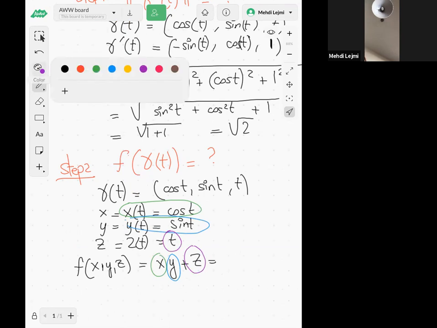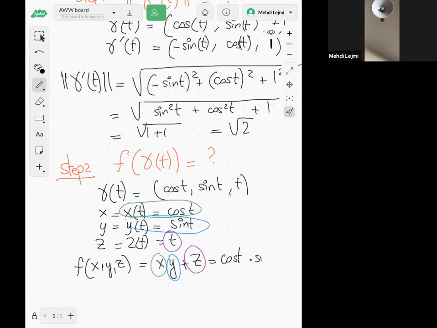So that will be cosine of t times sine of t plus t. This is f of gamma of t. So I just expressed f in terms of t.